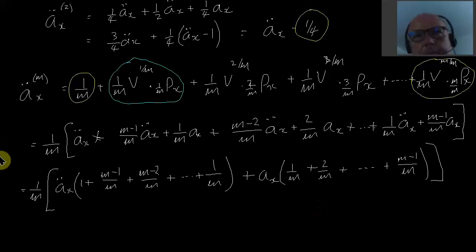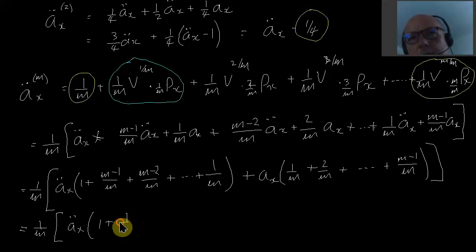So let's just do that. 1 over m ä x into 1 plus 1 over m, and then what?